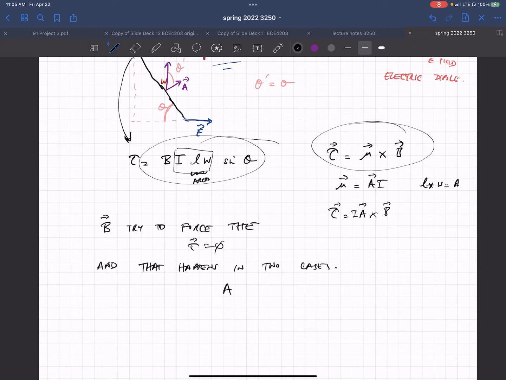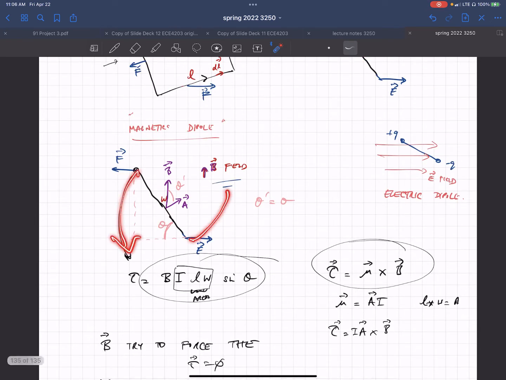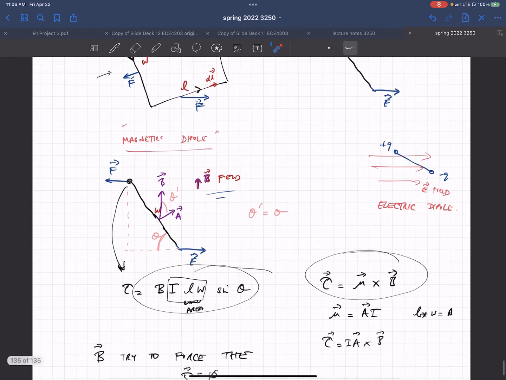One of them is that A is parallel to B. Notice the area, which is coming straight out of the center of the loop, is parallel to B, the magnetic field. So meaning this is going to rotate till this loop is kind of sitting like that, facing that way. So here it'd be kind of like that till this guy is facing up towards the magnetic field.